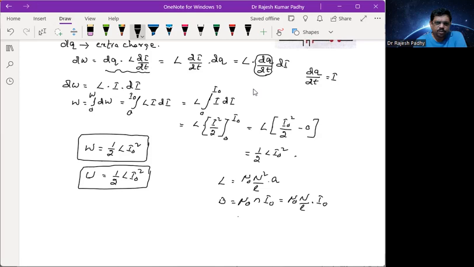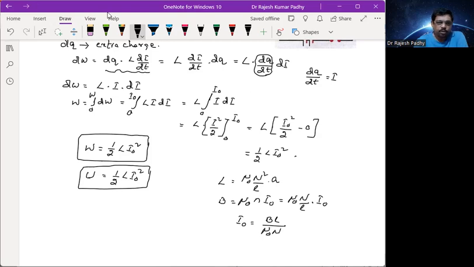Therefore, I0 is equal to B into l divided by mu 0 N.